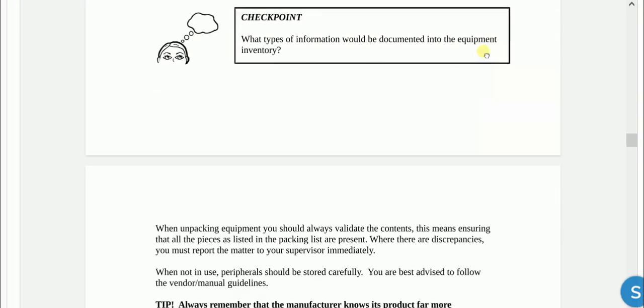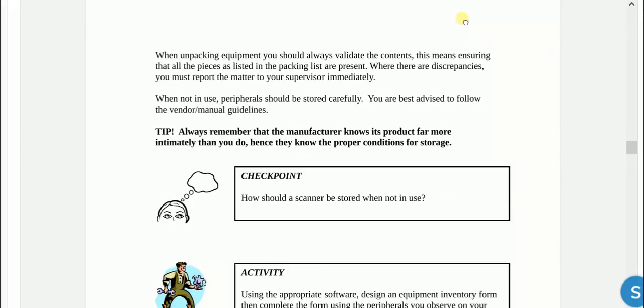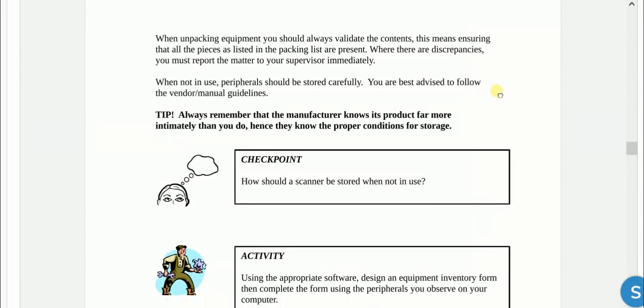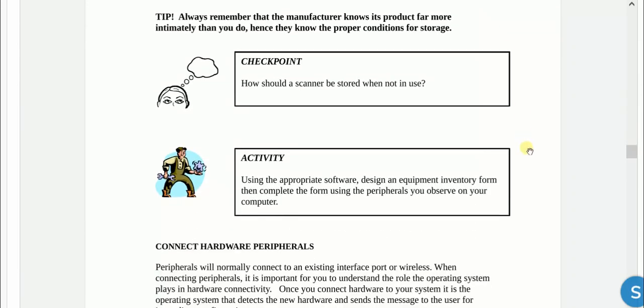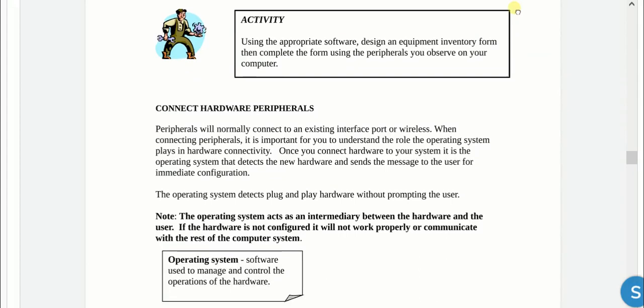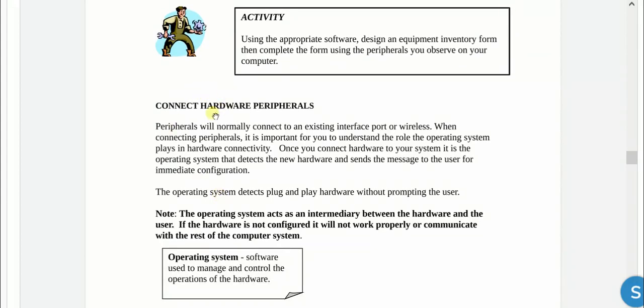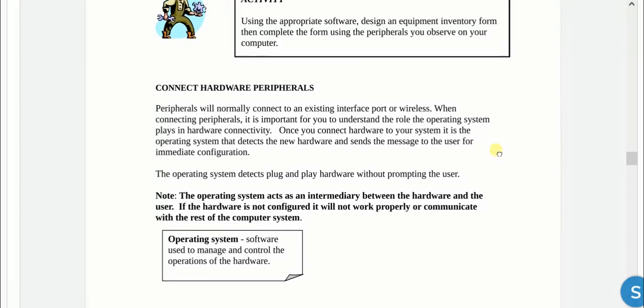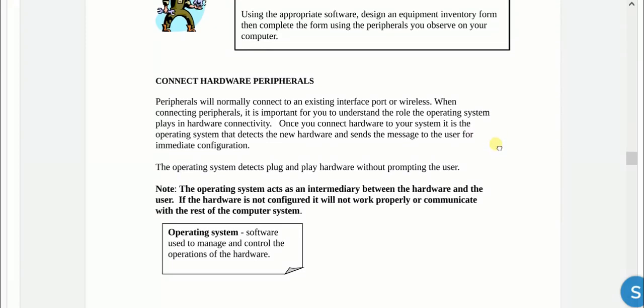And after you obtain them, of course, you will go through the phase of connecting the hardware peripherals, whether they are physically plugged in or wirelessly connected. So you will go about the connection phase.